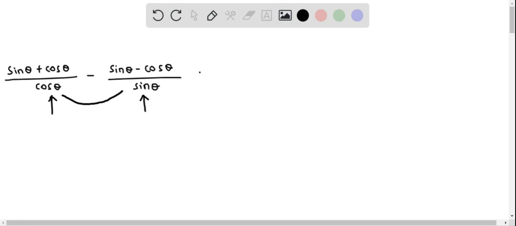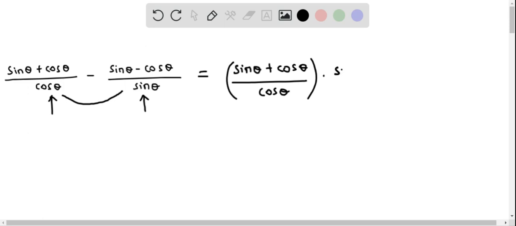And this means for the first fraction we have to multiply and divide by sin theta. So let me do that. I write down this first trigonometric expression, that is sin theta plus cos theta over cos theta, and this we have to multiply and divide by sin theta.